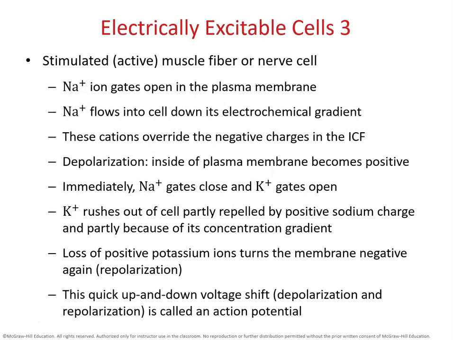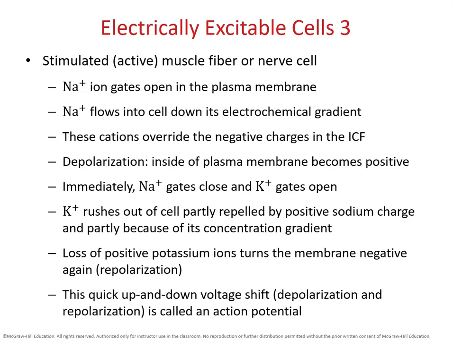When the muscle fiber is stimulated, the sodium ion gates open in the sarcolemma, and the sodium ions are allowed to flow. This is with their electrochemical gradient, and this depolarizes the cell. Once the depolarization happens and the nerve triggers the muscles, then the sodium gates close and the potassium, the K plus gates, open.